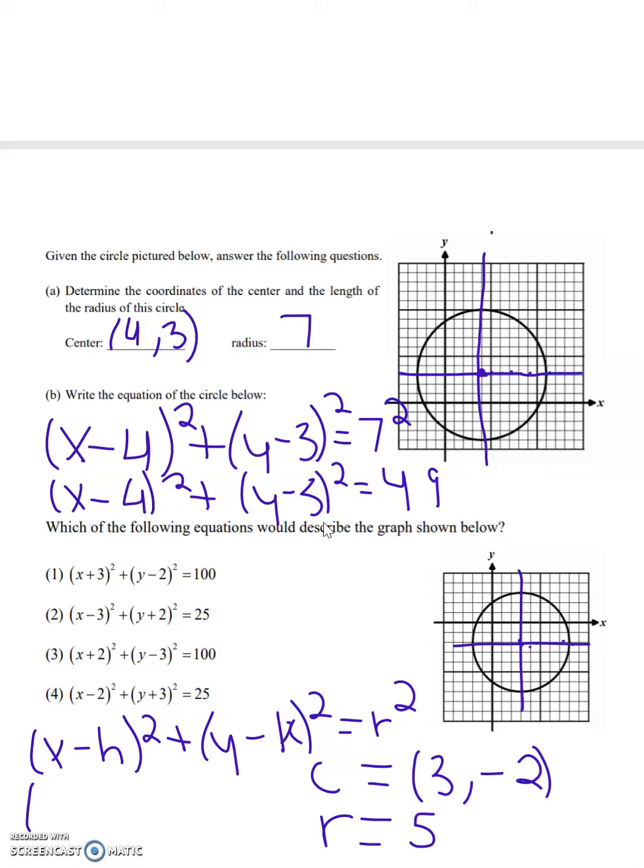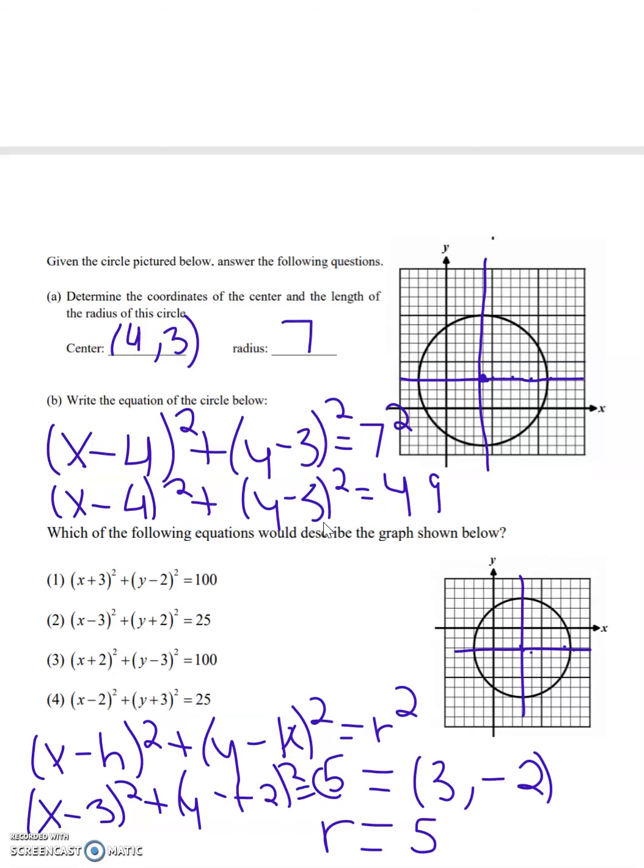So if we're going that way, we have x minus 3 squared plus y minus -2 squared. This is really sloppy, I'm sorry about that. Equals 5 squared.